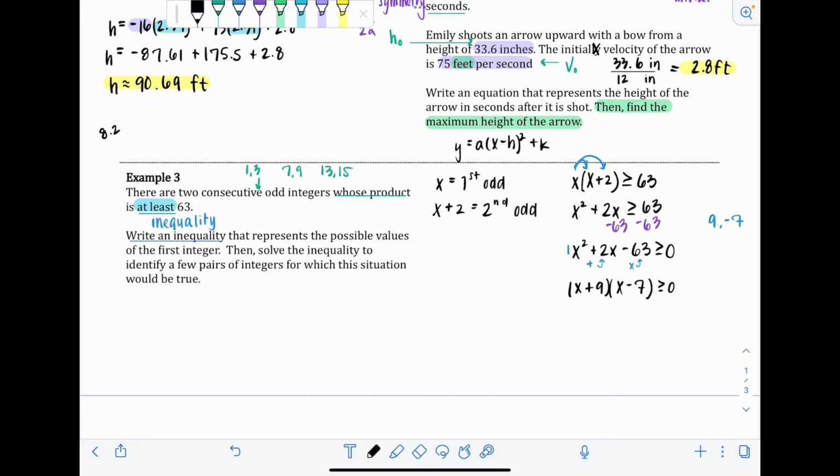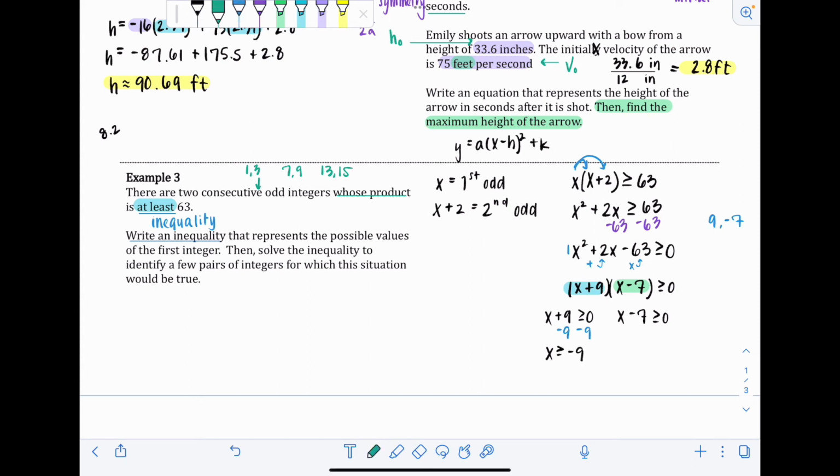And then now it's in factored form, so I just need to set each factor equal to 0. So I would do x plus 9 is greater than or equal to 0, and then x minus 7 is greater than or equal to 0, and I solve each one separately. So I would do minus 9, minus 9. x is greater than or equal to negative 9.